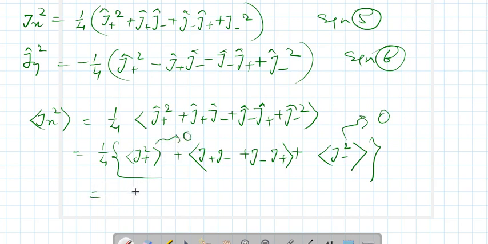This is a standard result. So it can be written as the expectation value of j plus j minus plus j minus j plus. Let me call it equation number 35.